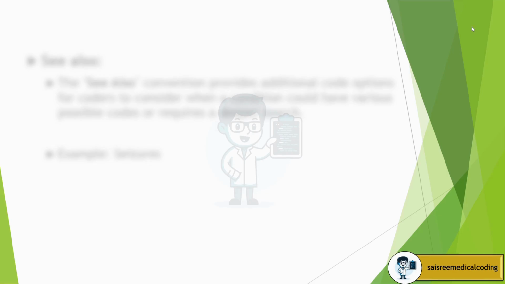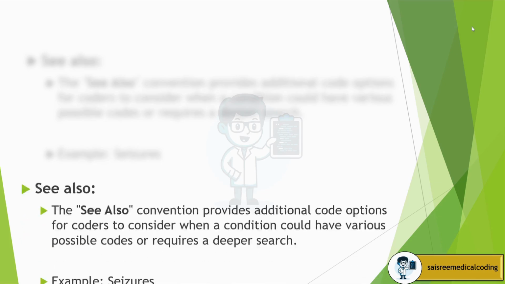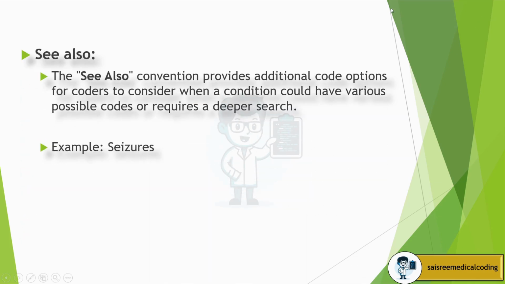Next, we have the "see also" convention. The "see also" convention provides additional code options for coders to consider when a condition could have various possible codes or requires a deeper search. In simple terms, what we have seen is that "see" means it is a mandatory instruction to look only in that particular way.